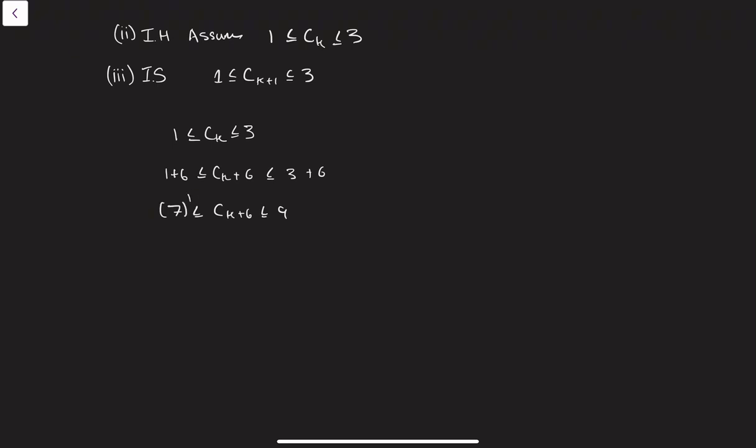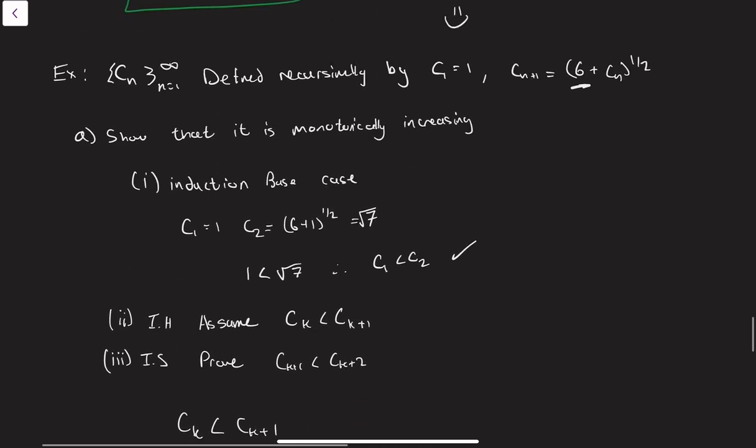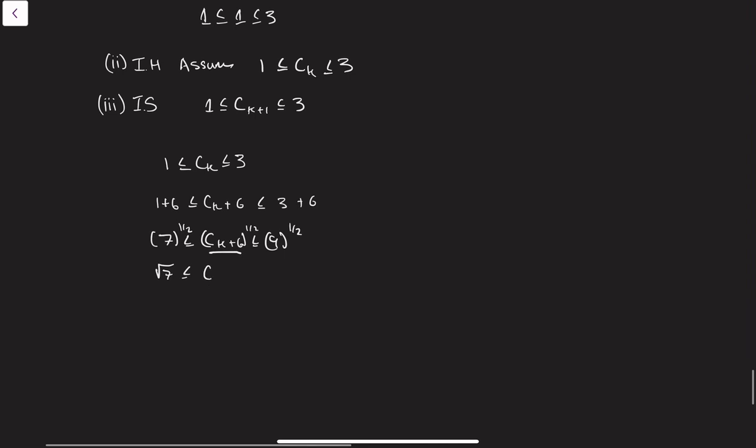And we're going to apply a square root, or a 1/2 power, to all the terms. So this becomes root 7. Then we have (Ck plus 6) raised to the 1/2, which is equivalent to C(k+1). And this is 3.